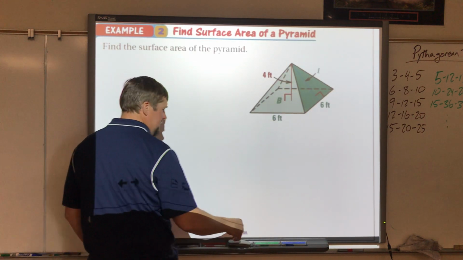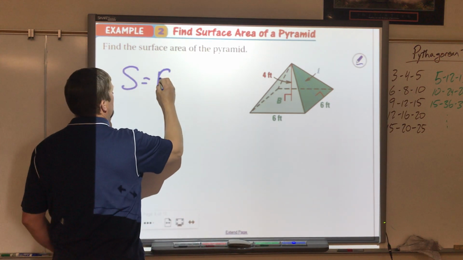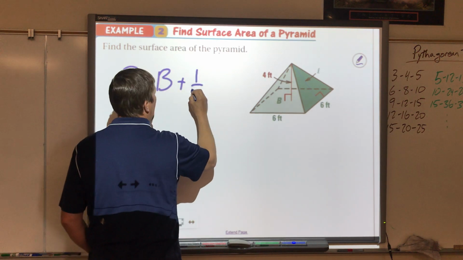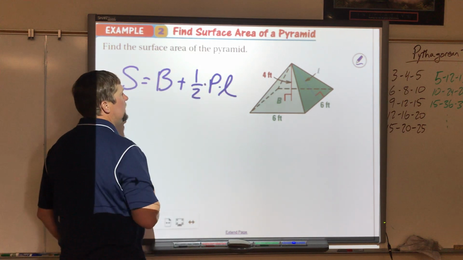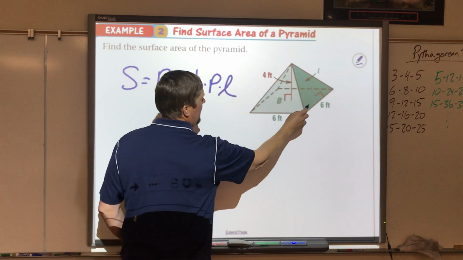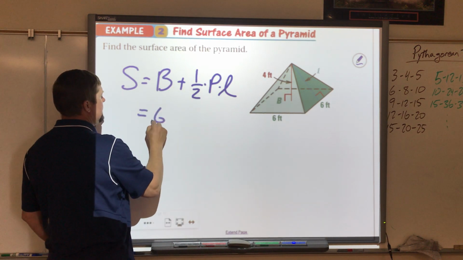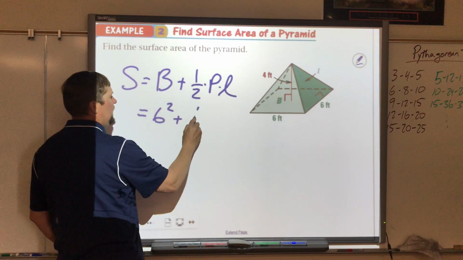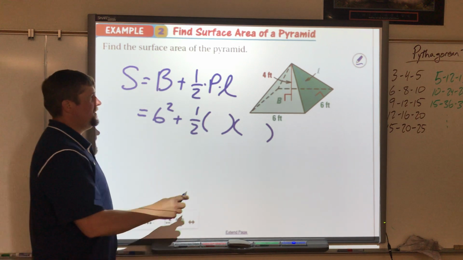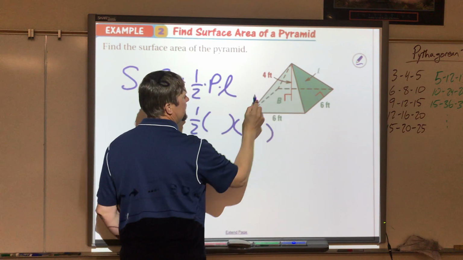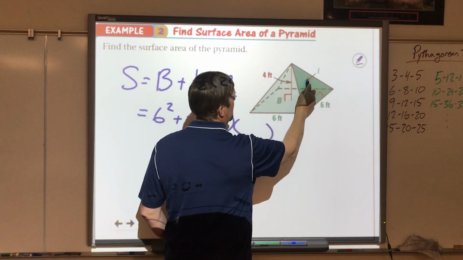Okay, to find the surface area of this pyramid, we use the formula: the area of the base plus 1/2 the perimeter of the base times the slant height. Since the base is a rectangle, or it's actually a square, it's 6 squared plus 1/2 times the perimeter of the base, which is 6 plus 6 plus 6 plus 6, or 24. And the slant height, we don't know.